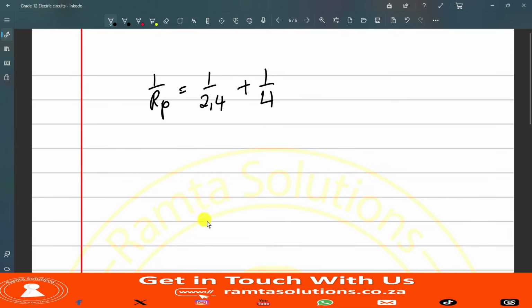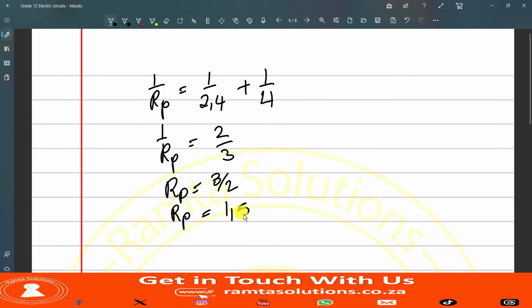This says 1 over Rp is equal to 2 over 3, so Rp is 1 divided by that answer, which is basically what was at the top will go to the bottom, and vice versa. So this is 3 over 2, which is 1,5 ohms.